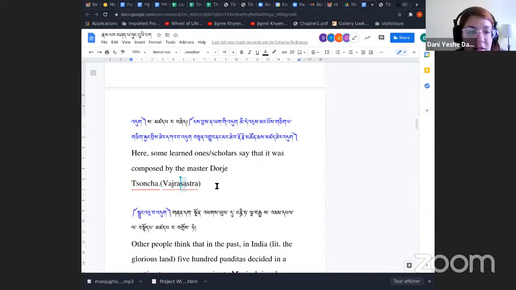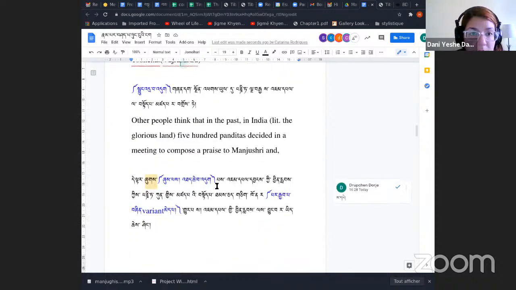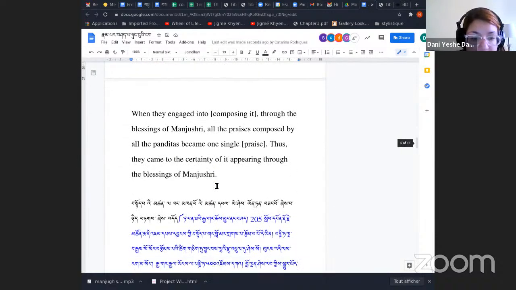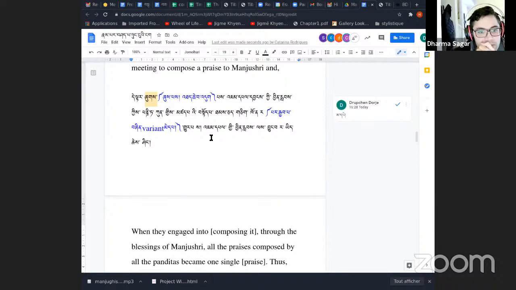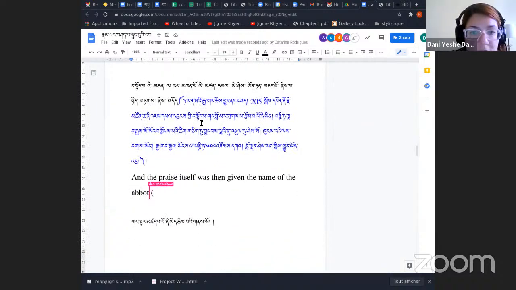Here in the last sentence, it was given the name of the abbot. The name is again there, yes? The glorious wisdom noble qualities.